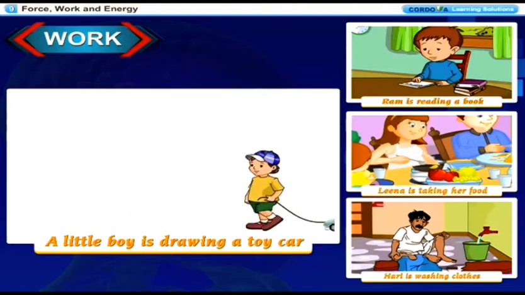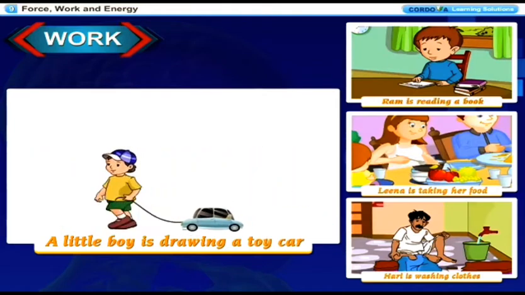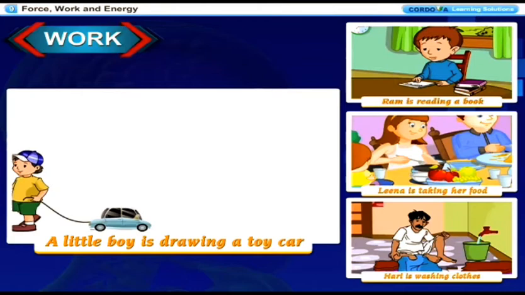Surprised? In science, work is said to be done only when force changes the position of an object. In the above activities, the little boy is applying force to move the toy car. The car is changing its position, so he is doing work.